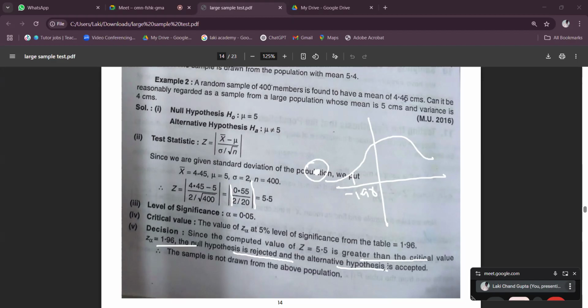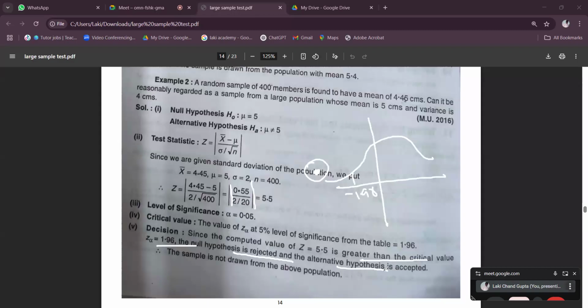If you are taking the positive side, then always compare with 1.96. If your value is greater than 1.96, it is rejected. If the value is less than 1.96, it is accepted.